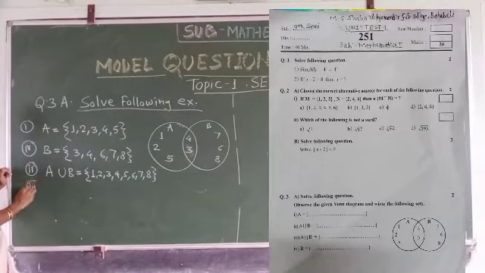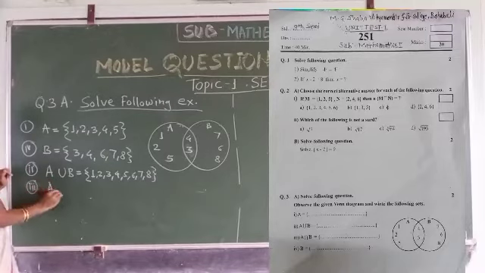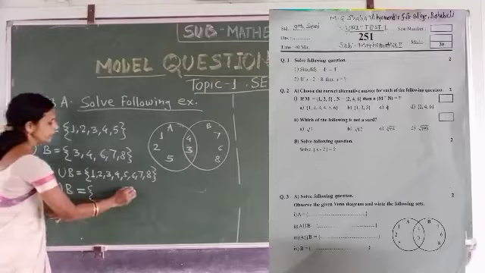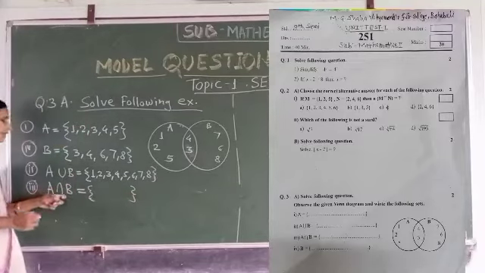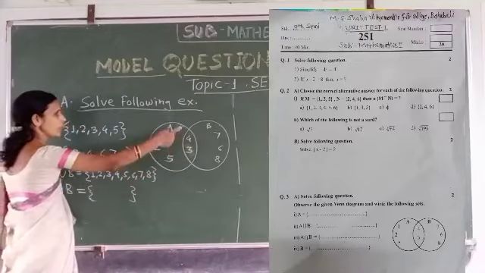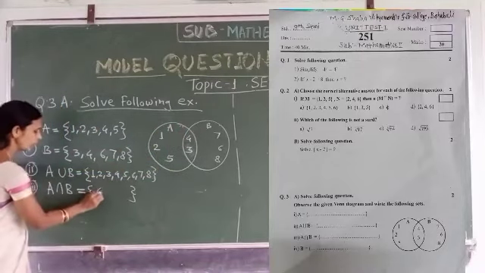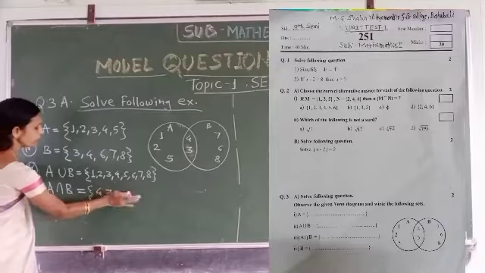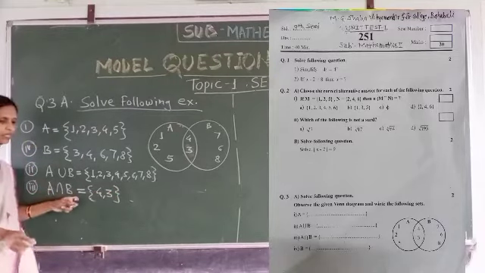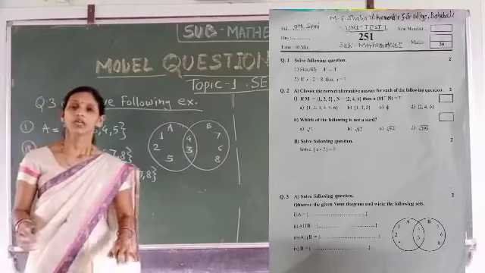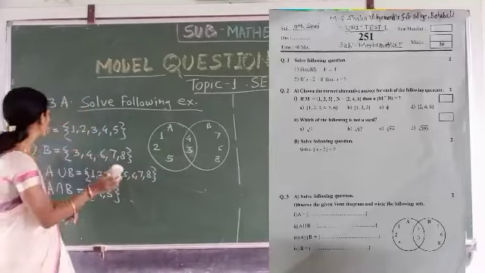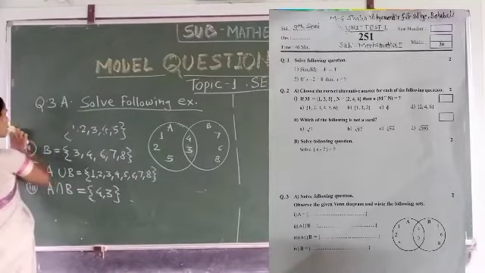As well as there is one more set we have to find out, that is A intersection B. The members of A intersection B are the common members present in both sets. Observing the Venn diagram we can find 4 and 3, those are the members of A intersection B. That is about the examples given in question number 1 and 2 and question number 3a.